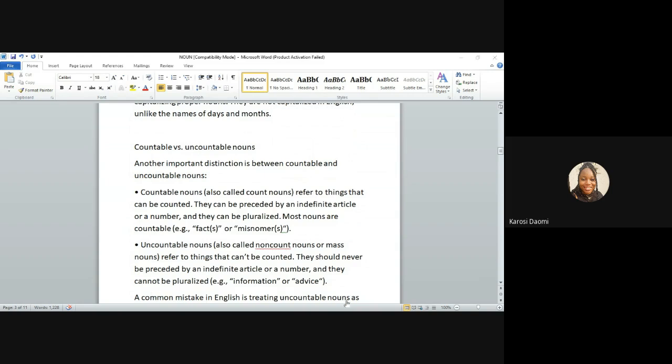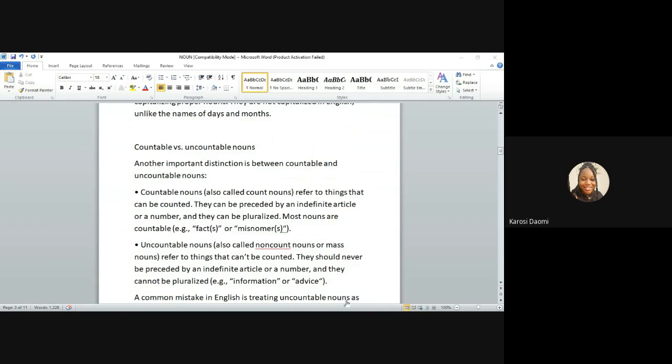So moving on, next we have uncountable nouns. Uncountable nouns can also be referred to as non-count nouns or mass nouns. They refer to things that cannot be counted. So they should never be preceded by an indefinite article or a number, and they cannot be pluralized.